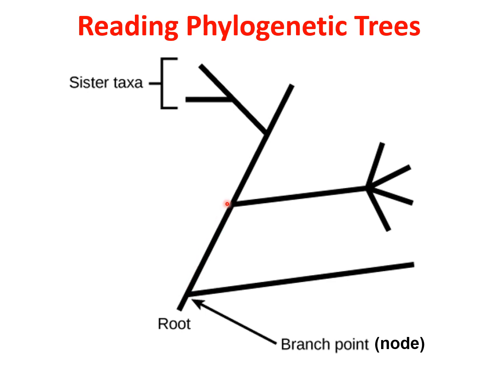And then here we had another branch point or node, and we have another common ancestor that gave rise to another group over here, and then this other group gave rise to another common ancestor that evolved into these other two groups over here. And we can also have these sister taxon. A taxon is just a group, and we have a common ancestor here that gave rise to two species here that are closely related, but they evolved from a common ancestor.